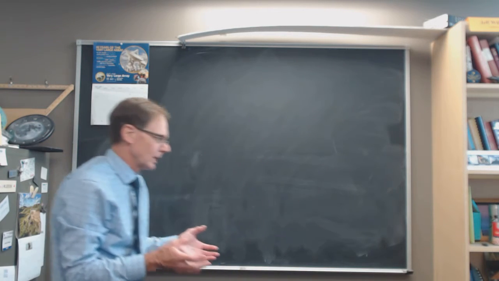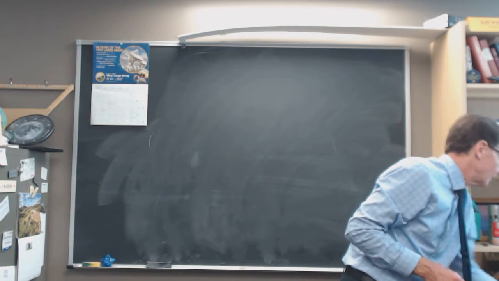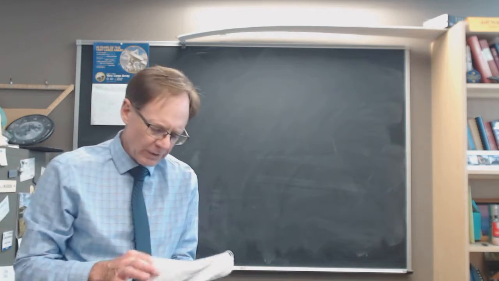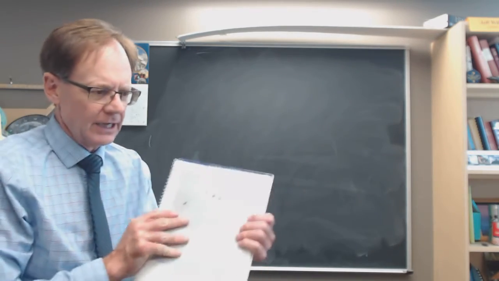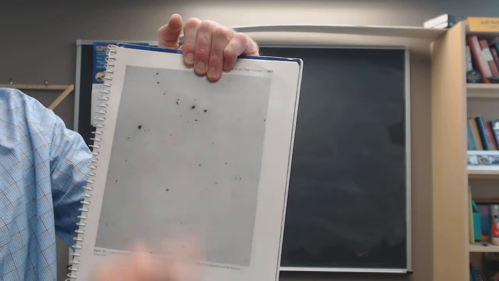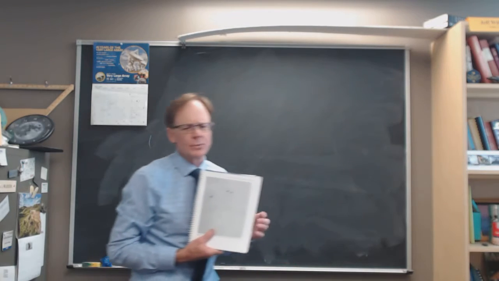We're looking at photographs of galaxies, and we're asking, can we classify the galaxies that appear in these photographs? Can we look at them and see what classification we can apply?